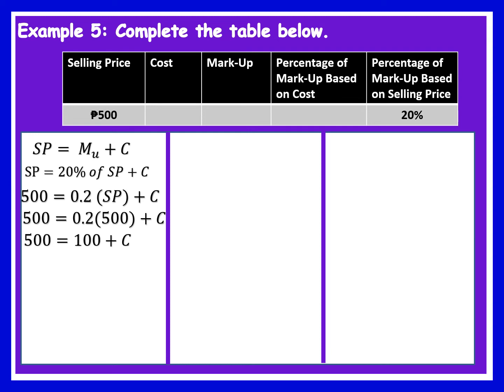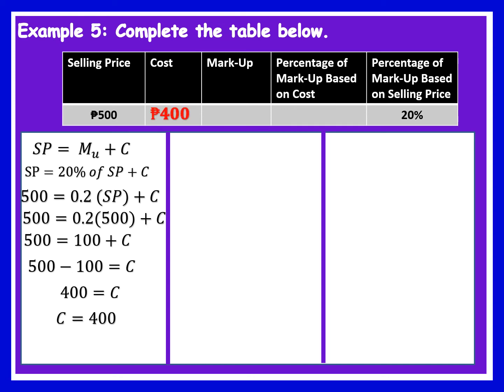Let us solve for the cost. 500 minus 100, because we can transpose 100 to the left side and it becomes negative 100. So 500 minus 100 equals C. So our cost is 400.